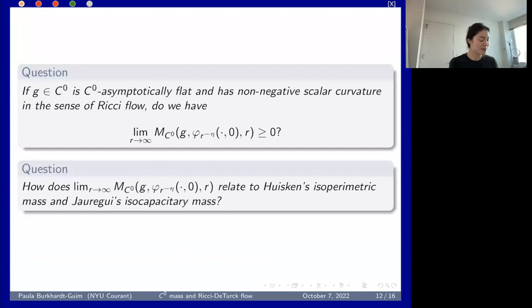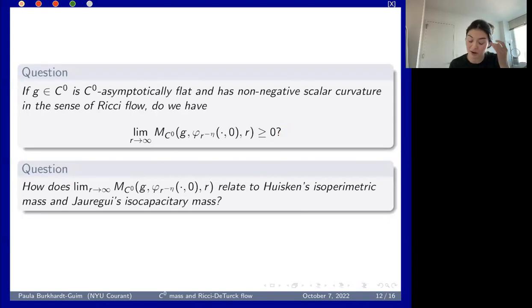Okay, so maybe let me tell you some natural questions that arise from these results. So first of all, of course, I want to know, well, if I have a C0 metric that is C0 asymptotically flat, and it has non-negative scalar curvature in the sense of Ricci flow, do we necessarily have that the limit of the C0 local mass is non-negative?